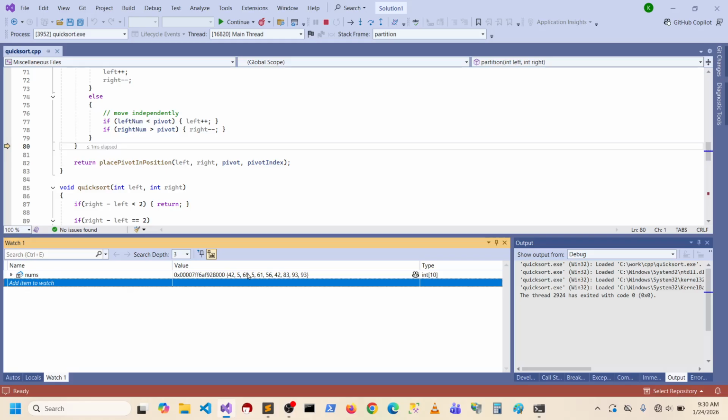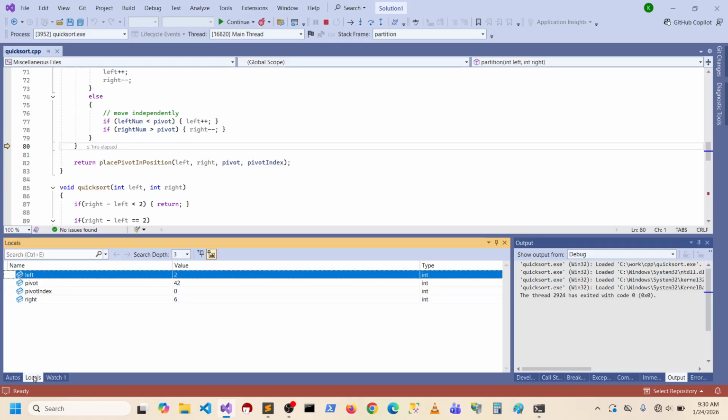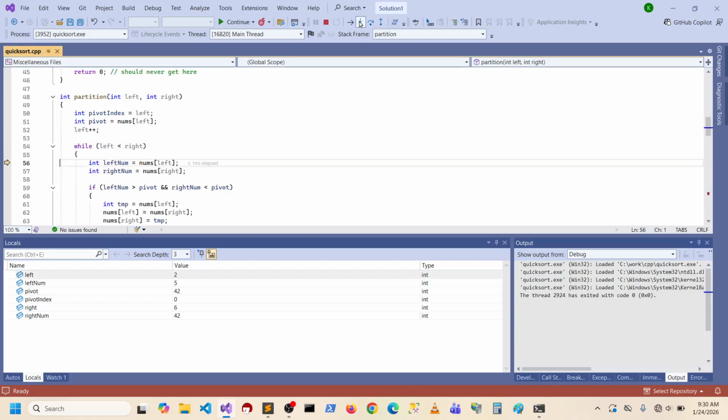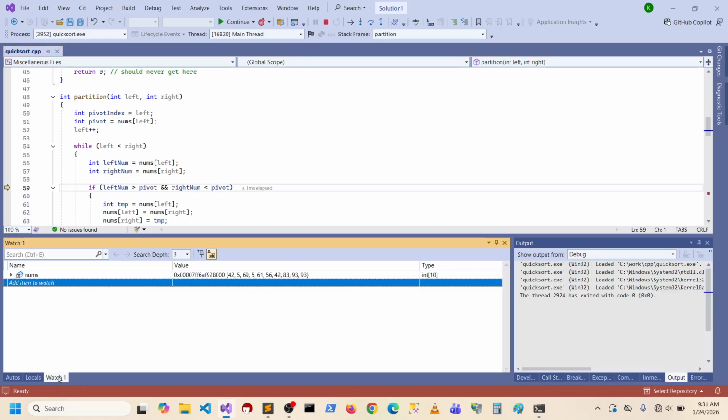So now it'll swap 69 with 42. So I guess that was right. 69, 42. Well, no, it won't. Because this will never swap. That's what it is. That'll never swap until right comes down. But right will never move from here.